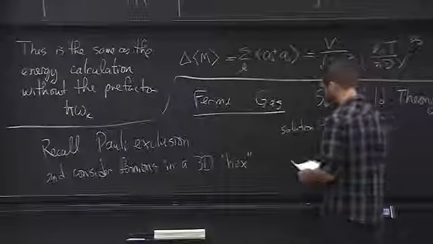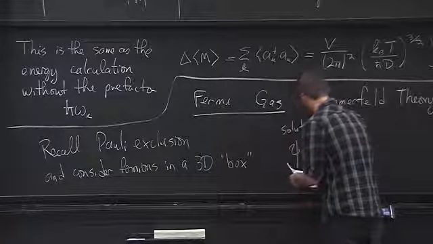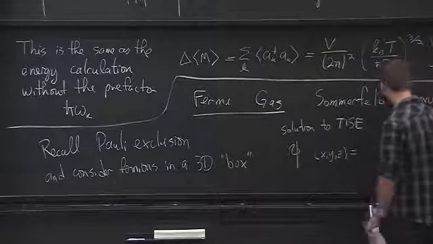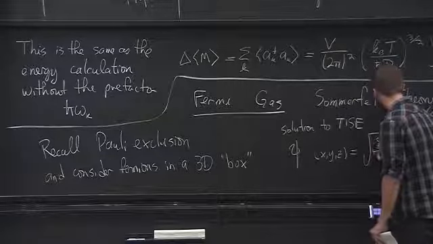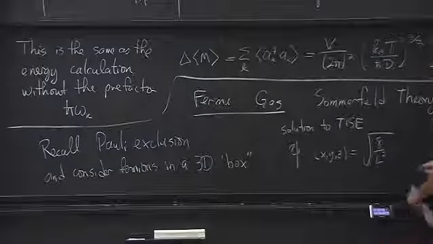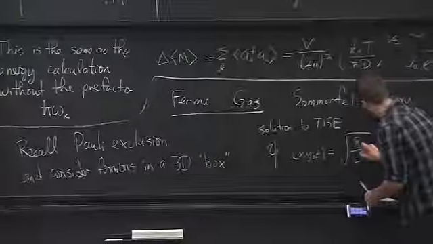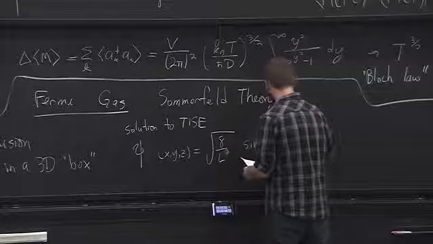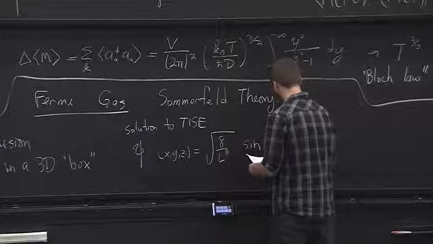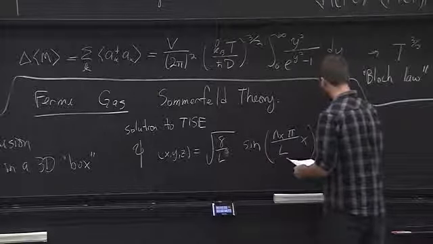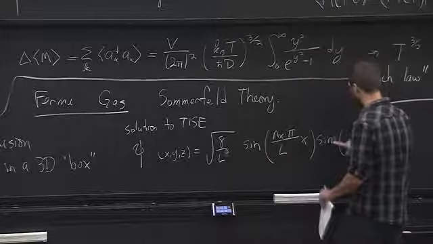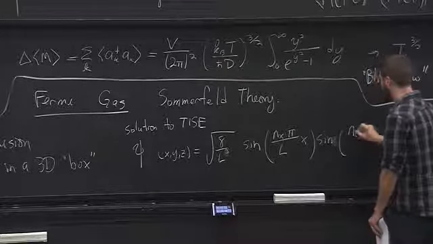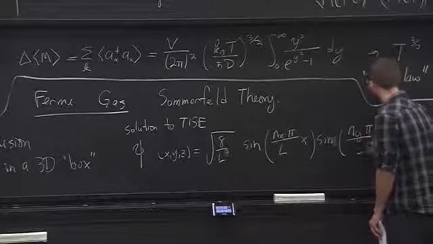The time-independent Schrodinger equation has some solution for the wave function. That's the product of 3 solutions, each of them giving root 2 over L. I'm going to label them with a quantum number n, one for each direction: nx pi over Lx, ny pi over Ly.